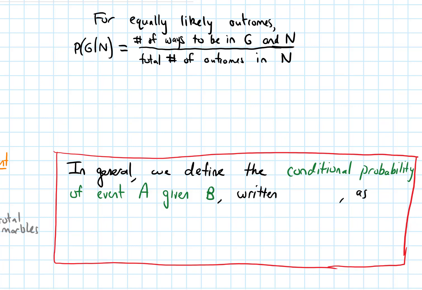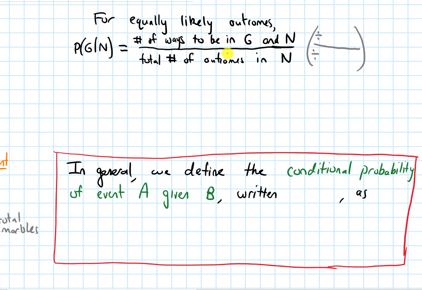Okay, so I am going to simplify this fraction a little bit so I can get a more general formula. I'm going to do something maybe that's a little bit non-obvious. I'm going to divide the top and the bottom by something to turn both of them into probabilities.